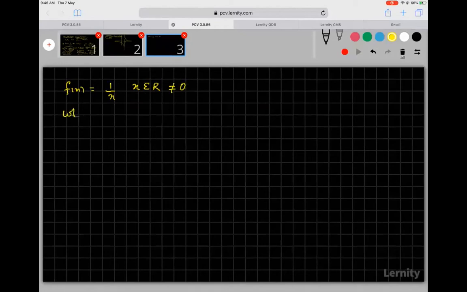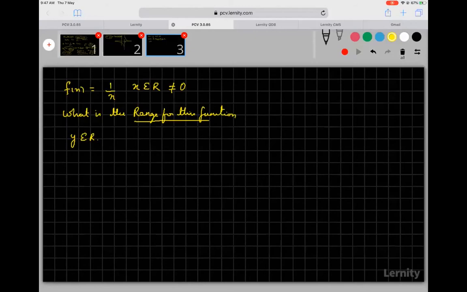Then what is the range for this function? Range refers to the corresponding values of y. So if x belongs to R, x not equal to 0, if x is a negative number, it will be negative. So here y will belong to R.